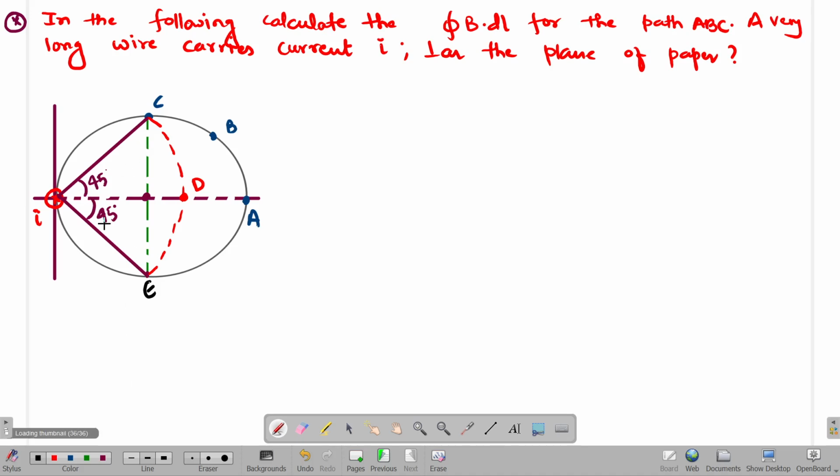It subtends how much angle? 45. And for this, this is radius R, this is radius R. So the radius is root 2 R or not? Clear?